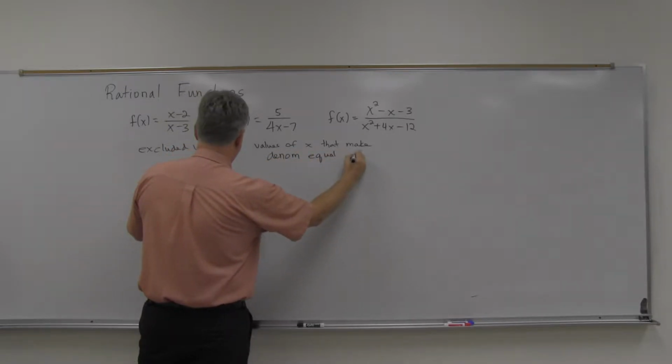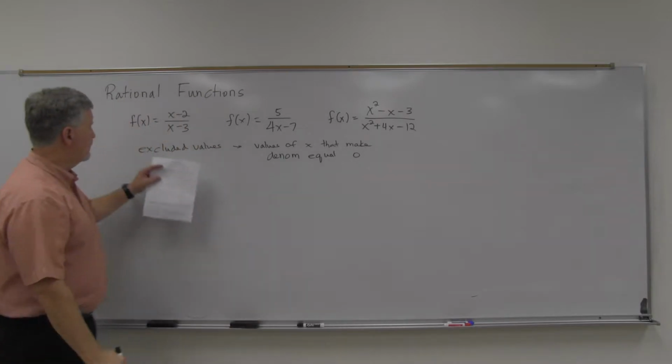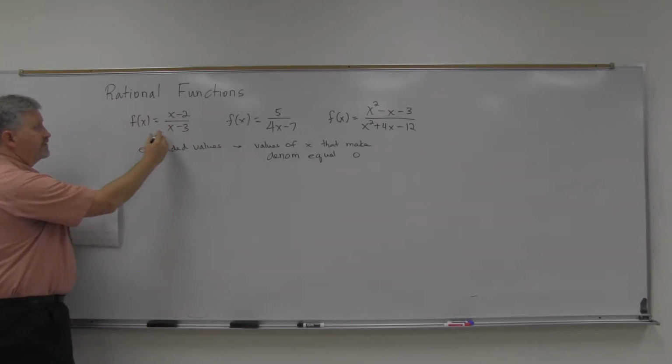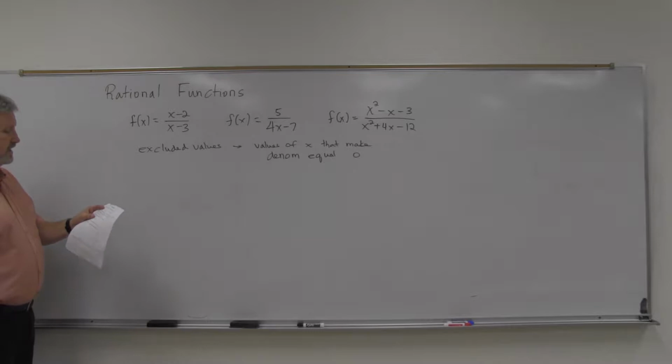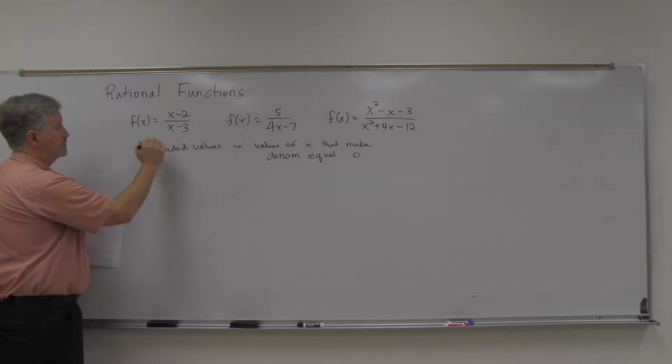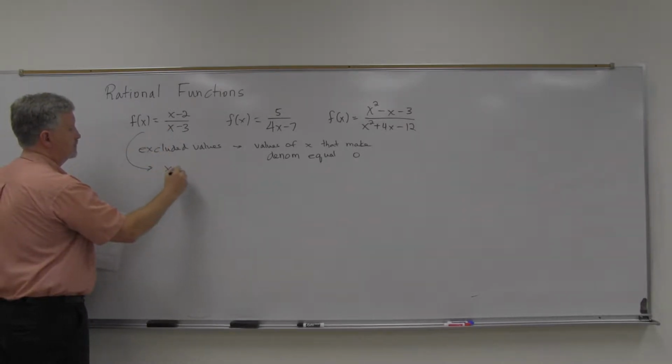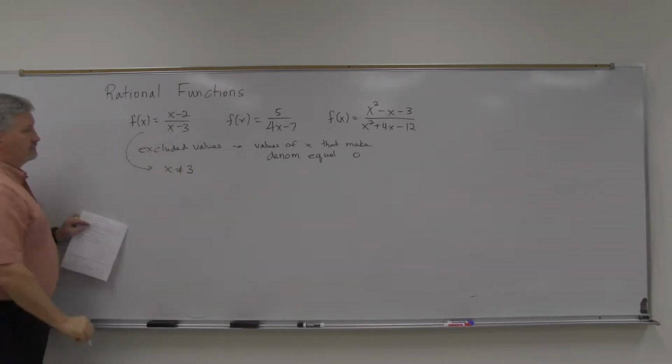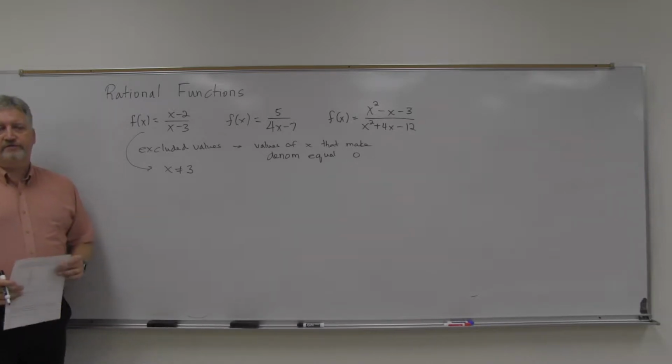One way to put it. And so on our first one here, the excluded value there is 3, right? X could not be 3. So 3 would be the excluded value.